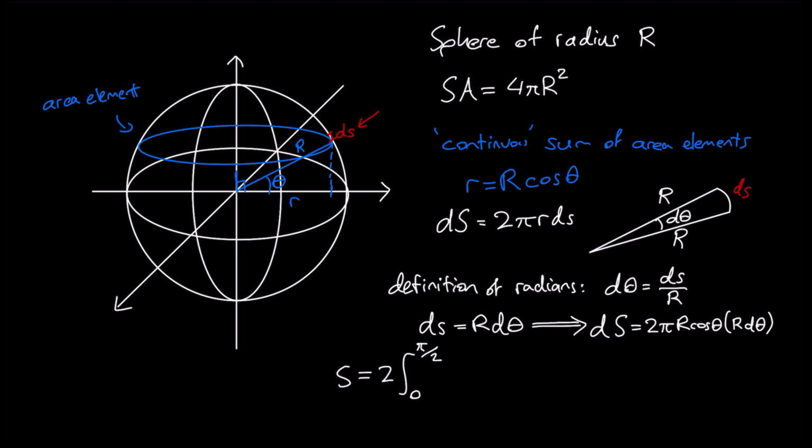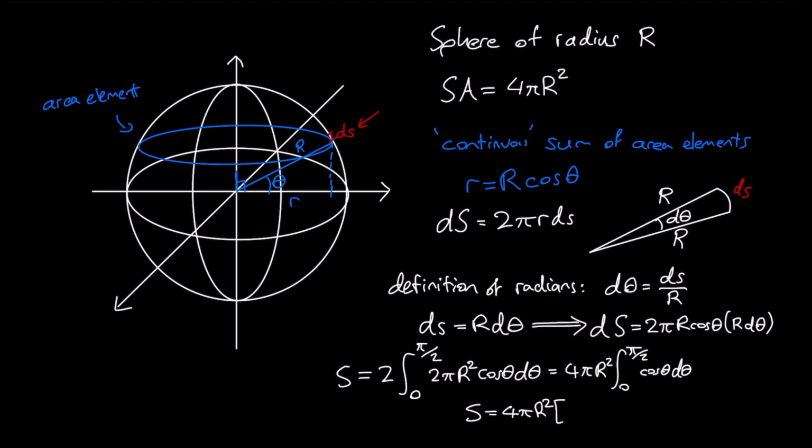So I get 2 times the integral from 0 to pi over 2 of 2 pi capital R squared cos theta d theta, which is equal to 4 pi capital R squared integral from 0 to pi over 2 of cos theta d theta. So S is equal to 4 pi capital R squared.